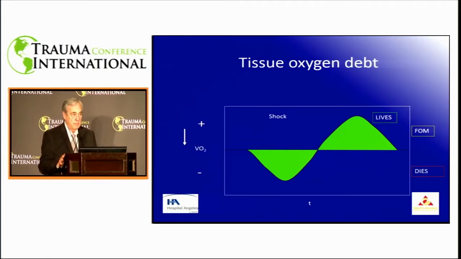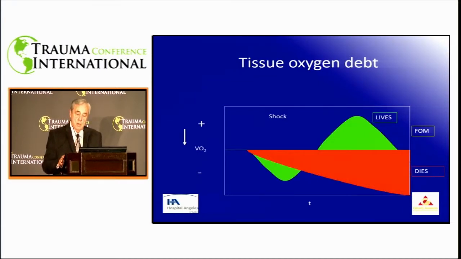And if we pay this debt correctly and sufficiently, in this experimental study, animals were able to survive. But if the oxygen debt is not corrected in any manner, then the evolution is fatal, and all of the animals died.